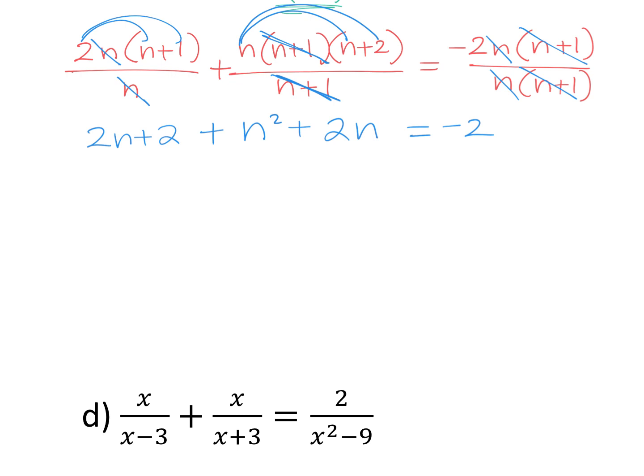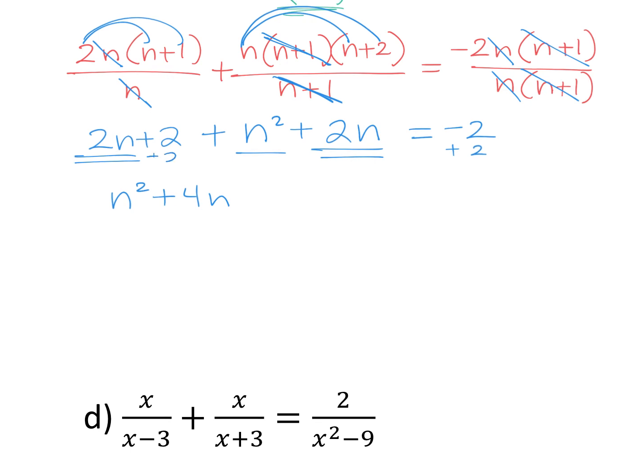So now if we simplify this, we have n squared, 2n plus 2n is plus 4n. If I take this 2 and add it to the other side, it's plus 4. And now I have 0 on the other side. What do you do with that? Factor it, right? Star method if you need to.